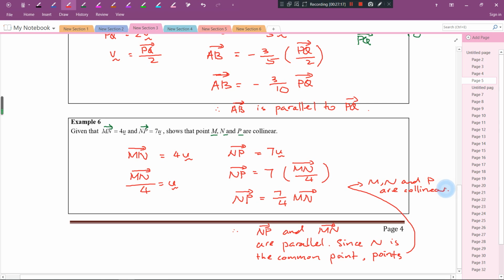Is my spelling correct or not? Okay, collinear. So this is how we show that the given points are collinear.